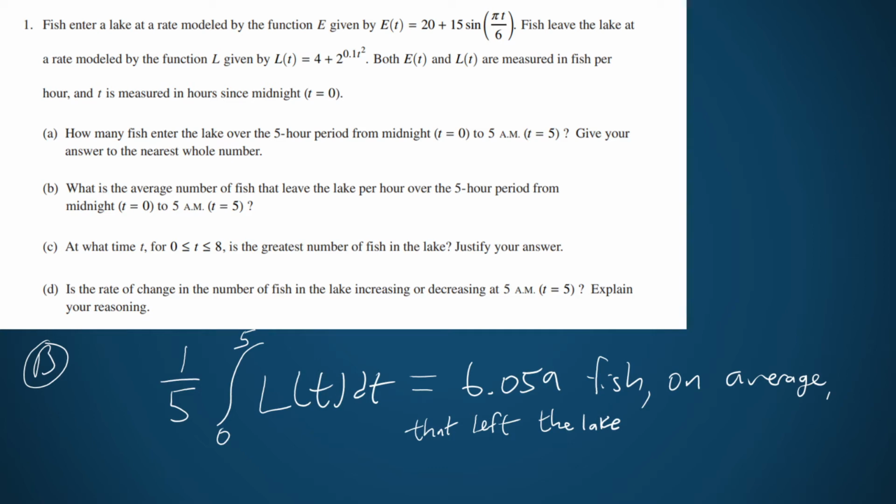So 6.9 fish on average left the lake per hour, from midnight to 5 a.m. We got the total number of fish from 0 to 5, and then we divided by 5. So we're only looking at 1 hour, really, not 5.